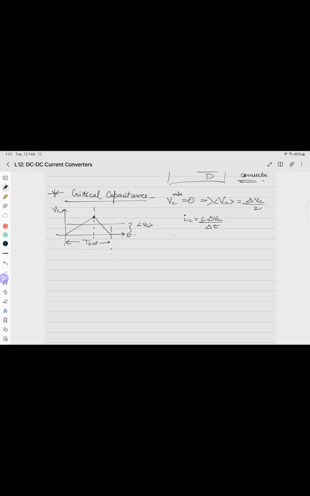Let's see, IC on is C into delta VC by D into T switching, which is T on. So delta VC is IC on into T on by C.